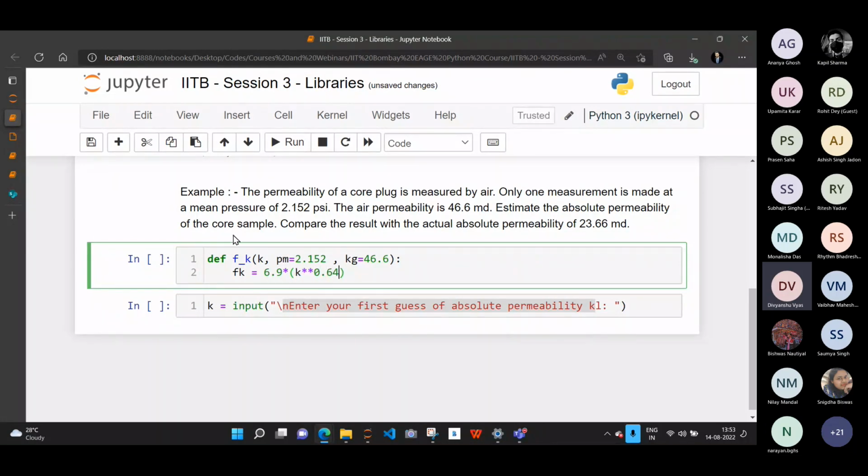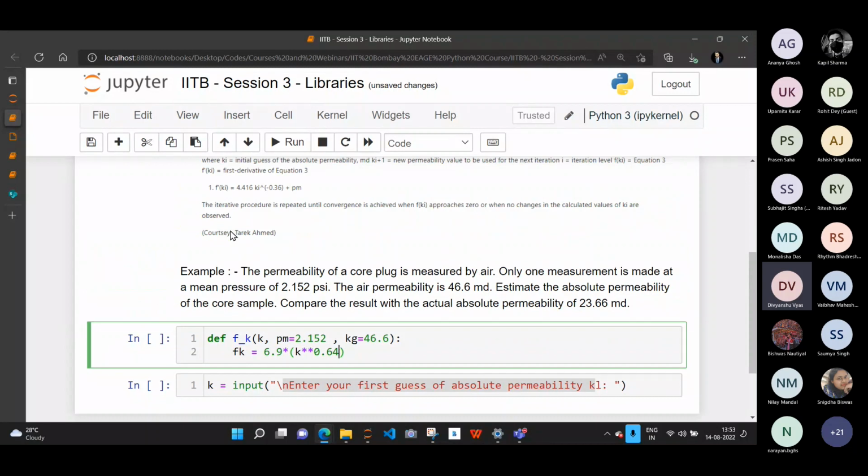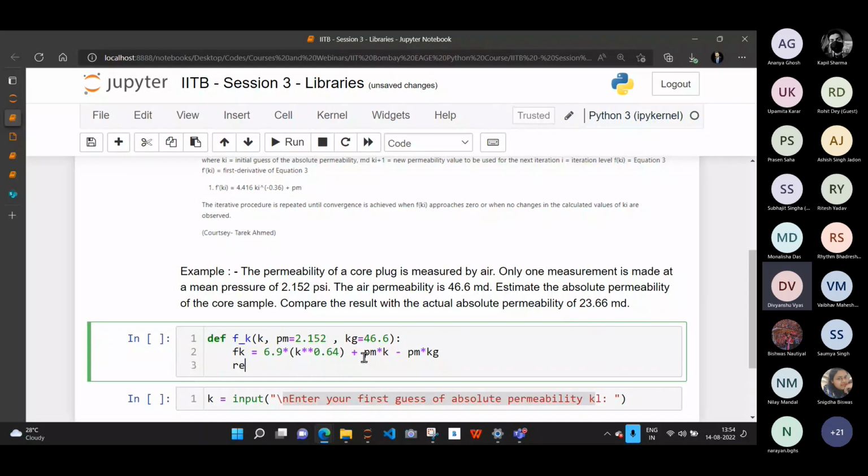By the way, all this is from the Tariq Ahmed textbook, which is a very popular geosciences and reservoir engineering textbook, so you can have a look at that. So 6.9 multiplied by k to the power 0.64 plus pm multiplied by k minus pm multiplied by kg. Okay, all right. So that's fk.